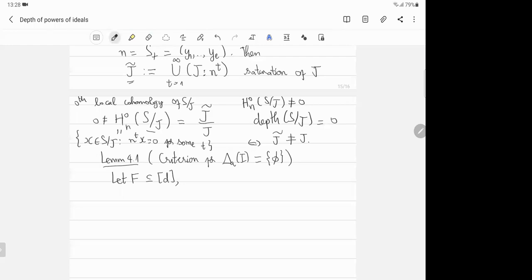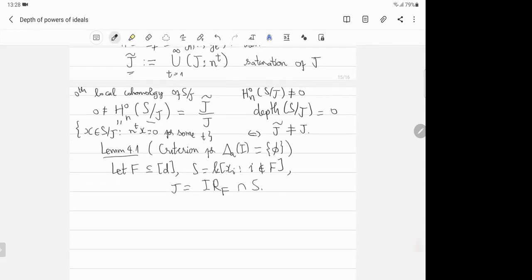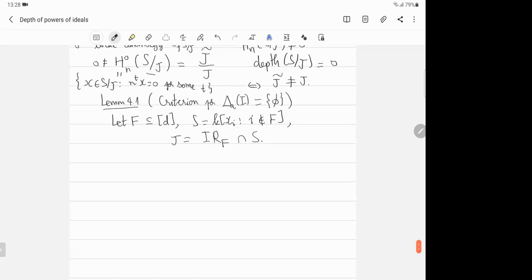So this is a set, and we are looking at the polynomial ring with variables not in F. We look at the localization of I at F and pull back to S. This is a monomial ideal in S, and you obtain it by replacing all the variables in F by one.